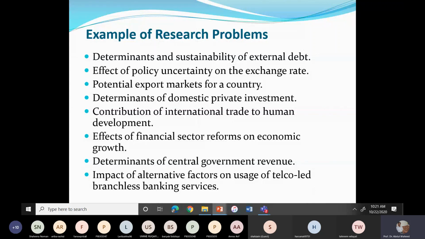So if you go to my website, you will find the references of the research papers on these research problems, and then you can read those research papers to understand the research problem and how we carried out that research, and then what was our conclusion, what were our policy implications, what were the directions for further research. So you can just look at the research papers related to the research problem.